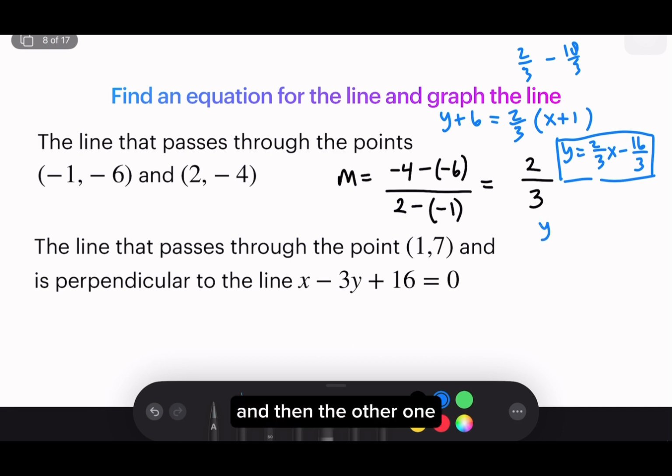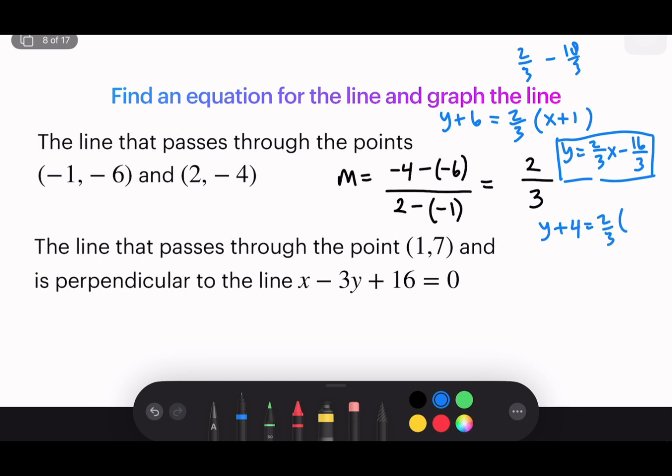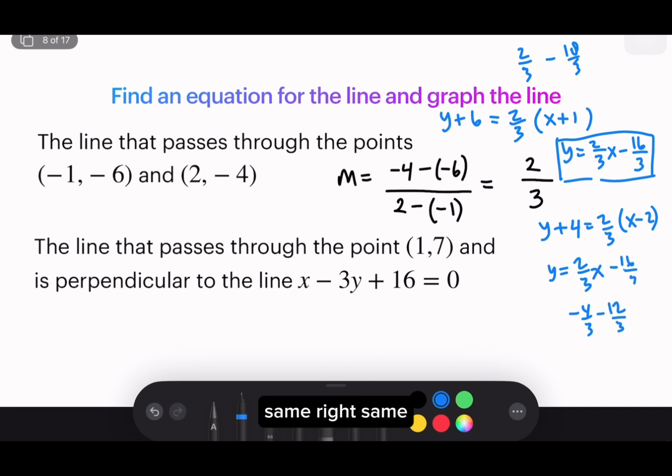And the other one is the same, right? Same.